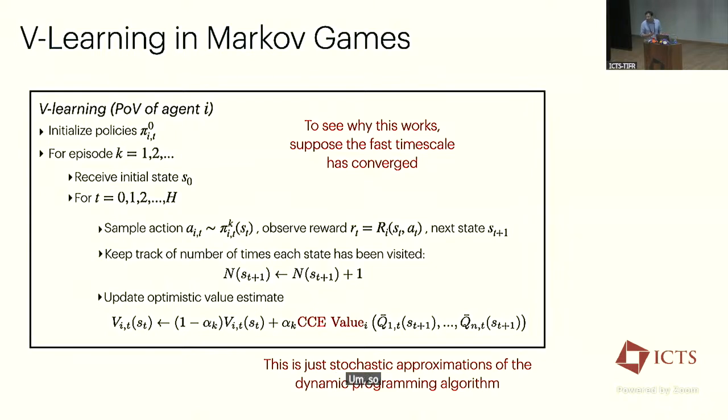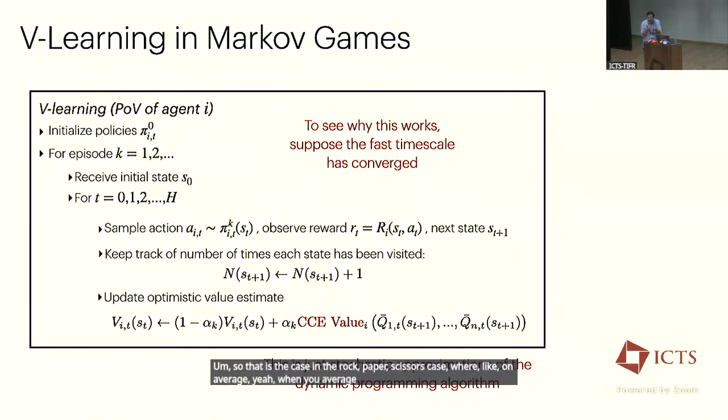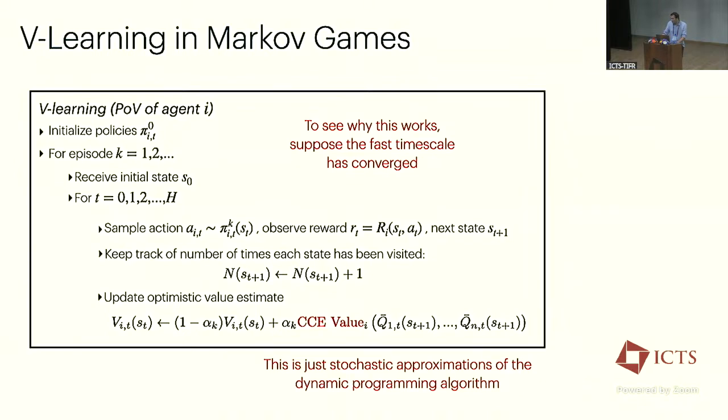That is the case in the rock paper scissors case, where on average it's a Nash, but it's always cycling around. If you look at the average history of play, it'll converge to a CCE.